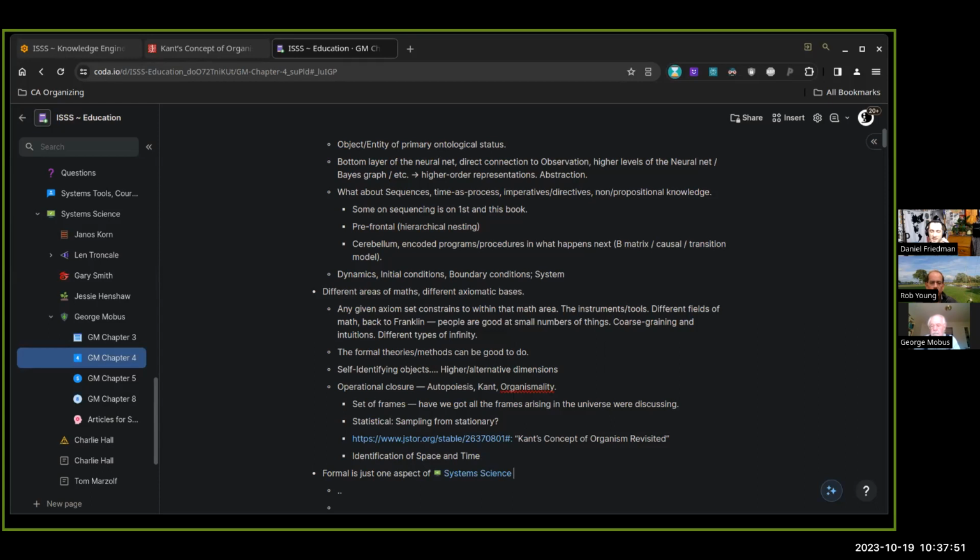Yeah, it's a really good point, which is that the formal language is just one of the languages in the chapter. Just to make the narrow point, system science is obviously broader than any formal system. And the question is, is system science the strange loop?